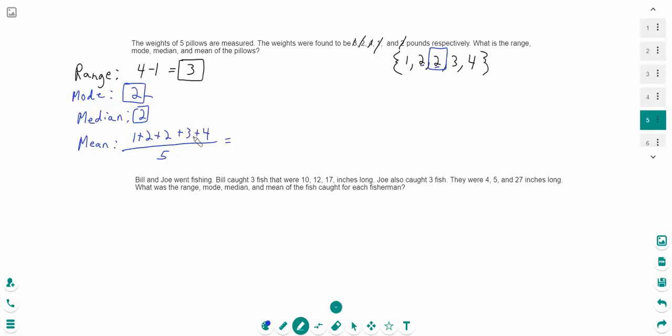We get 5, 8, I think that was 9. No, what am I doing? That's not 9. 7, 9, 11, 12. 12 over 5, which is going to give us, if we bring this down into a mixed number, 2 and 2/5, right? So there we go.